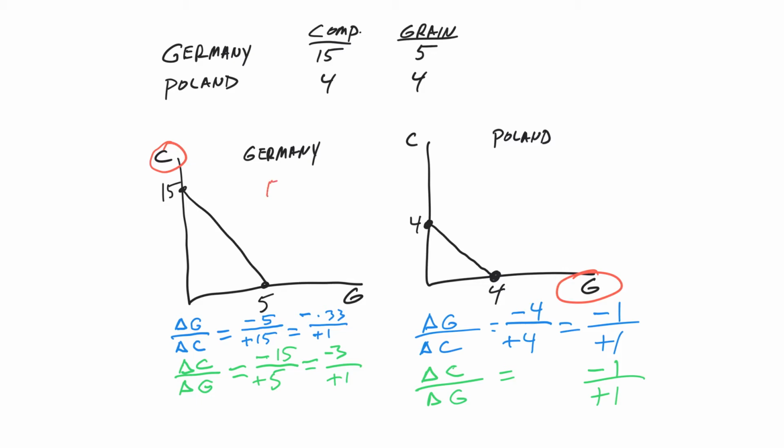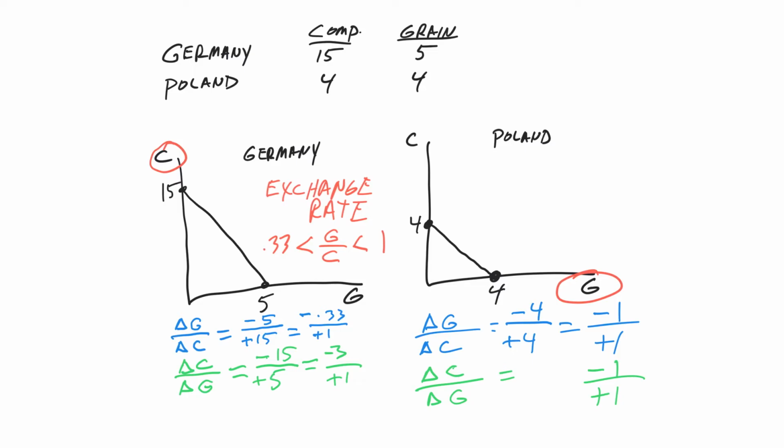So our exchange rate, I'll write it here. The exchange rate in the traded computers would be grain over one computer, with computers in the denominator again. It's going to have to be greater than 0.33, or Germany's not interested, and the price has to be less than 1, or Poland's not interested.